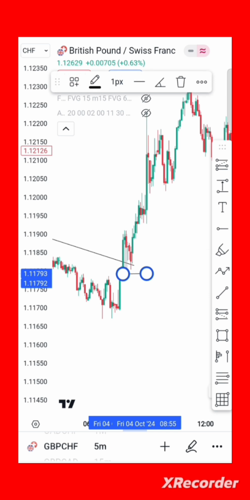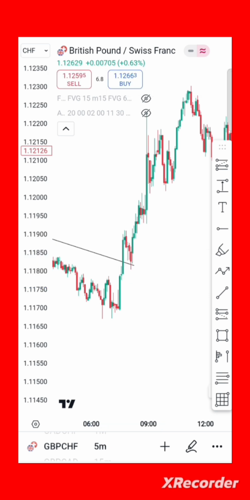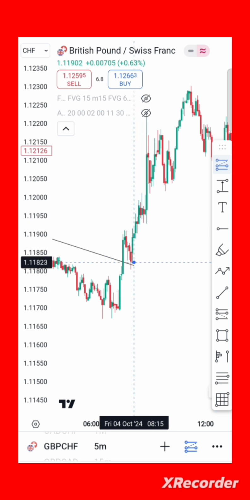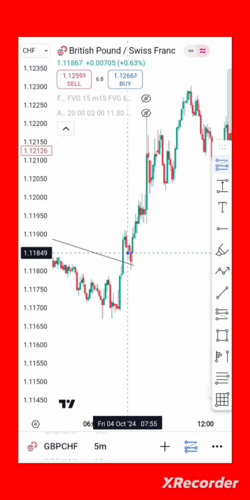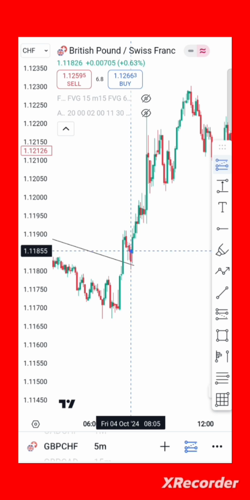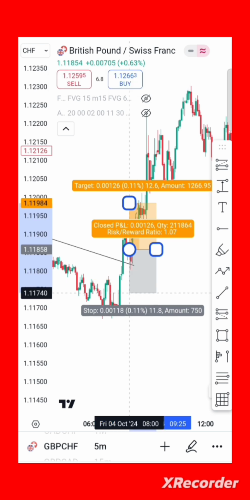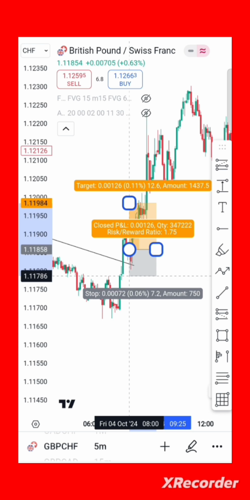So I entered on the trend line. This is my long position. I entered just here on the trend line, correct? I think I entered about 858. Yeah, somewhere around 858. I entered somewhere around here because of the spread for my broker, just not to miss out. My SL was just underneath that previous candle, and that was a 7 pips SL.